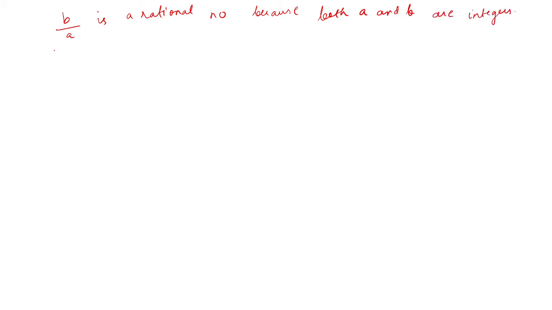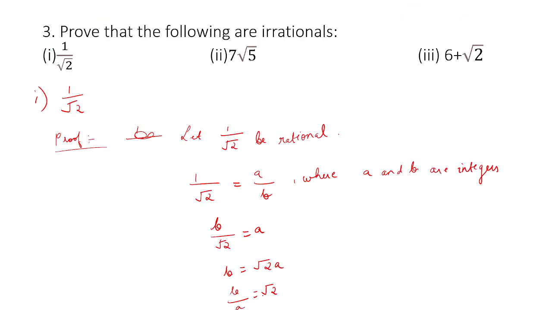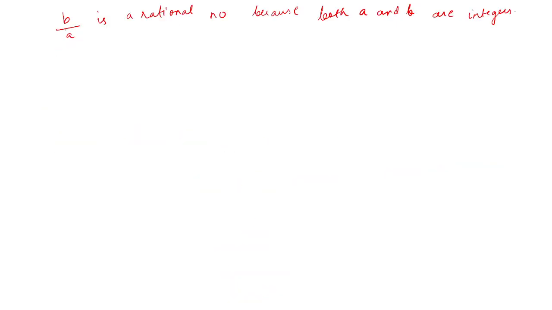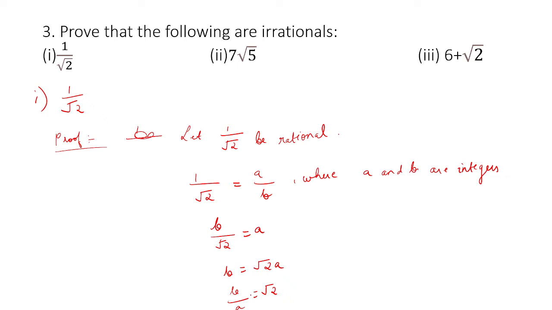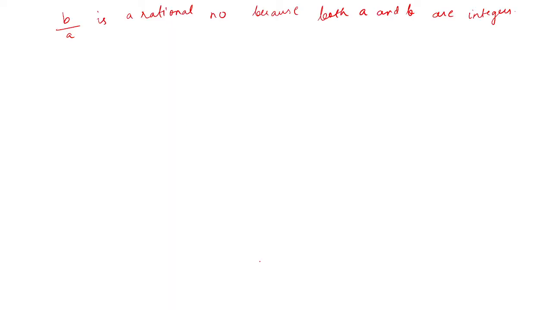And we also know, if you go back, b by a is equal to root 2. So we have already proved that b by a is a rational number. So since b by a is equal to root 2, that means root 2 is also a rational number.